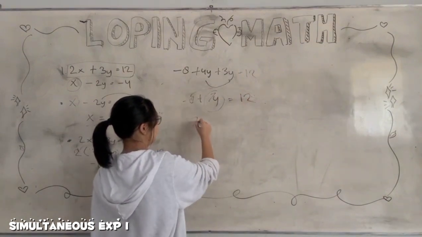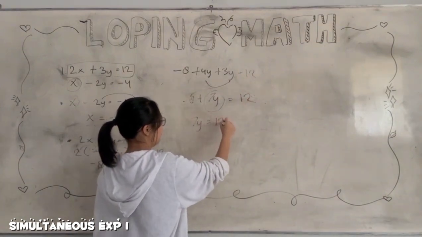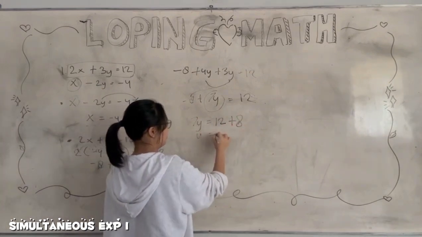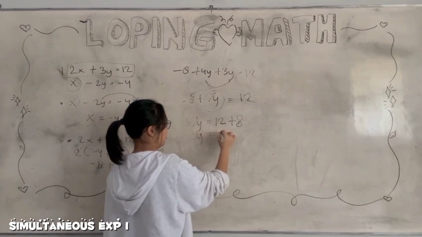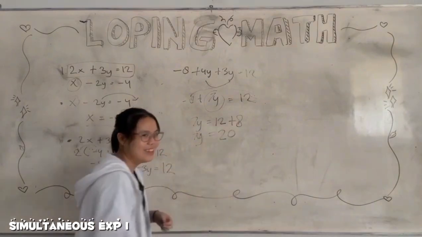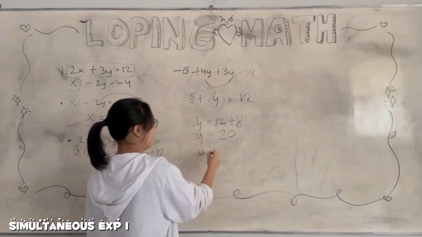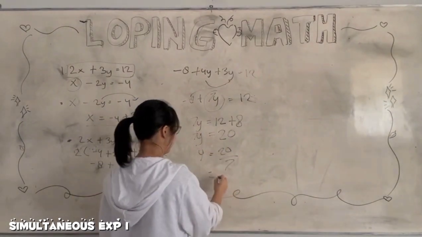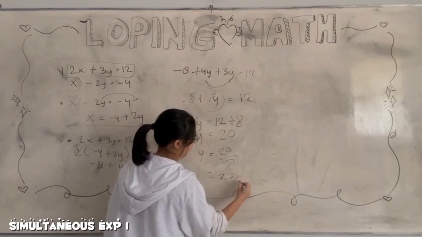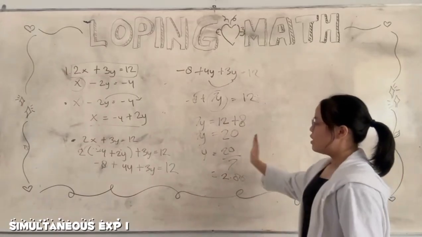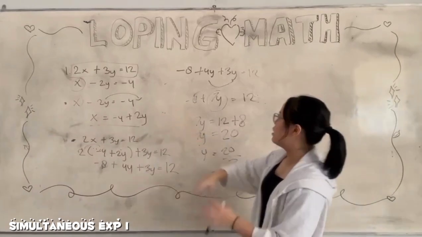So 7y equals 12 plus 8 equals 20. y equals 20 over 7. So the answer is 2.86.